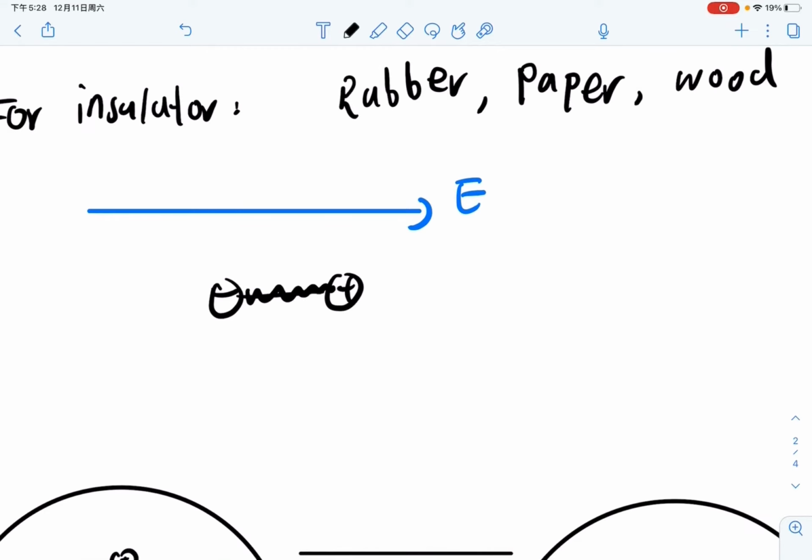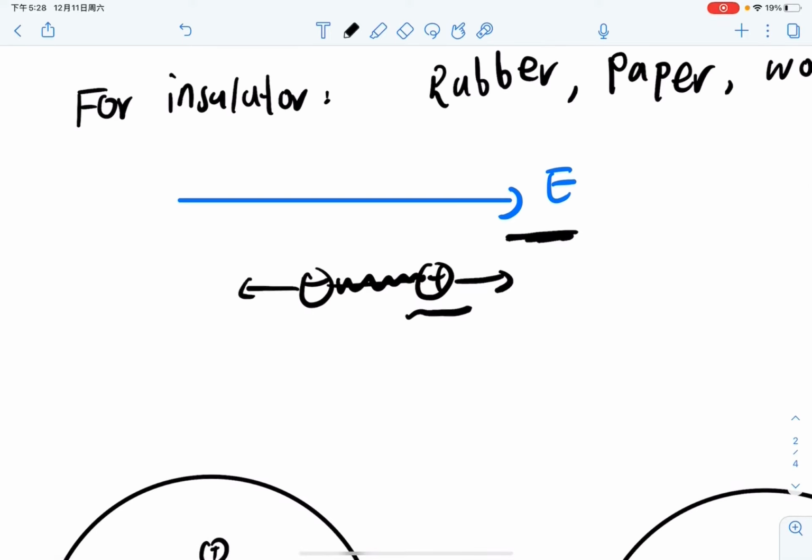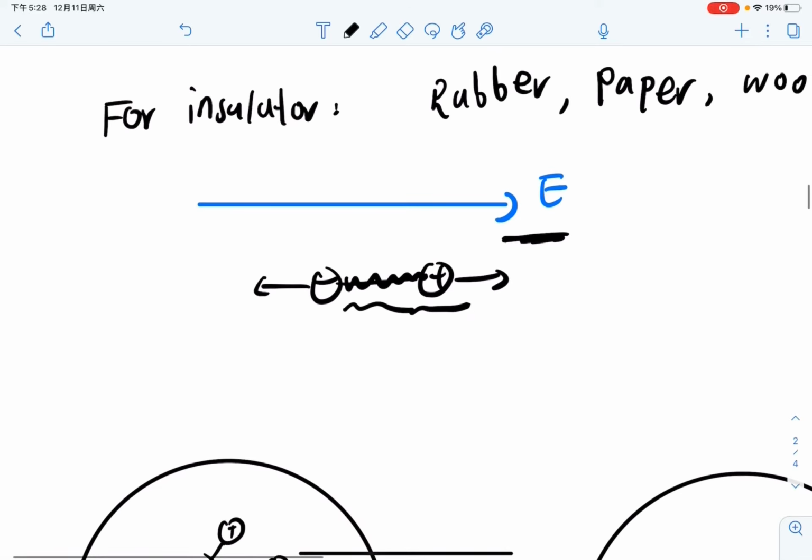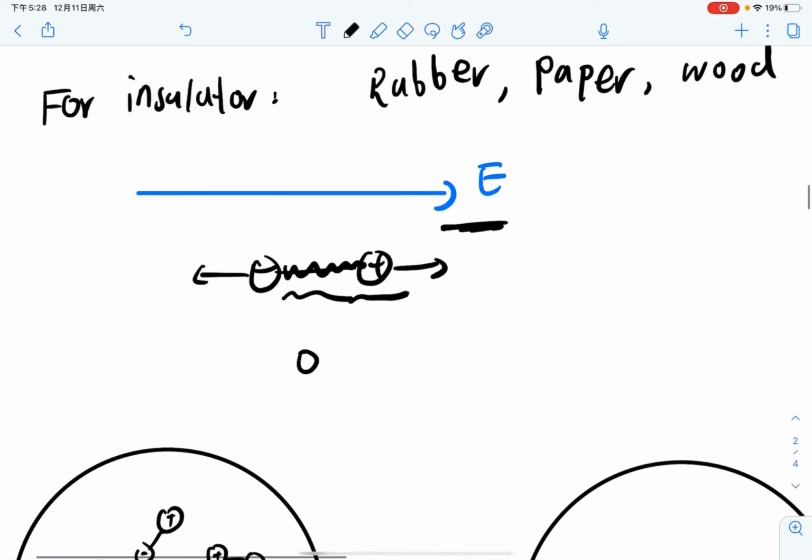When the electric field is pointing downward, the positive charged particle will tend to move that direction, and the negative charged particle will tend to move that direction. And you can see the spring will be stretched, and this result is called polarization.